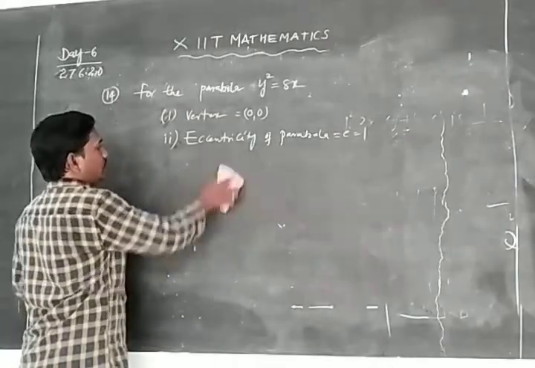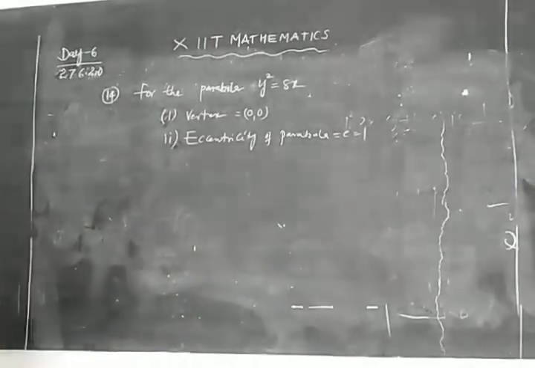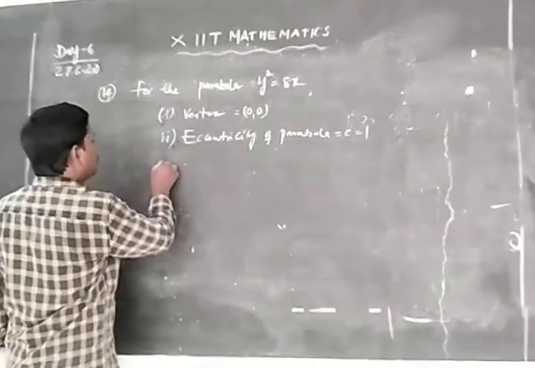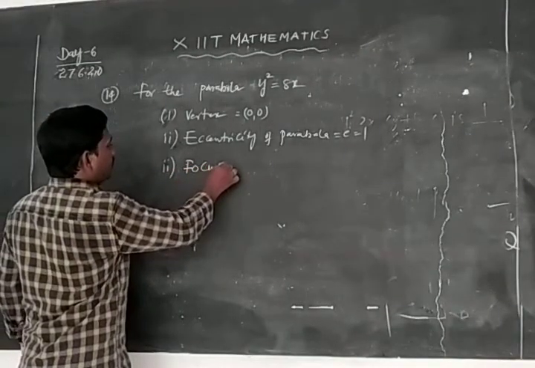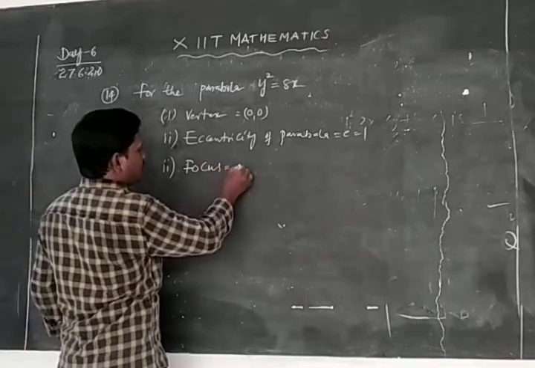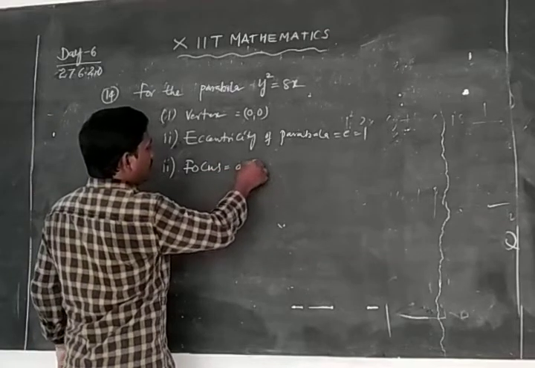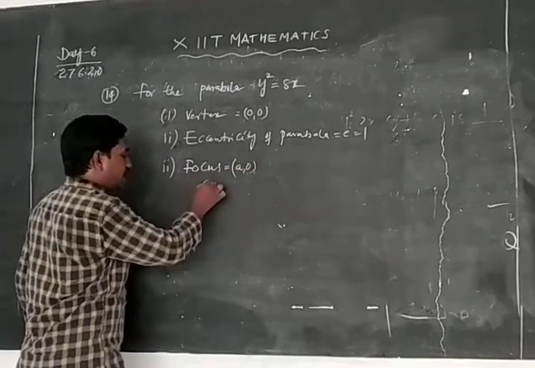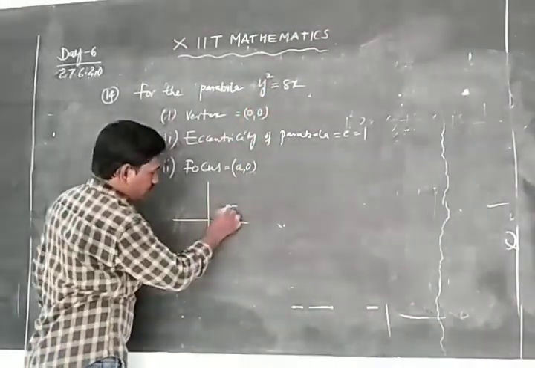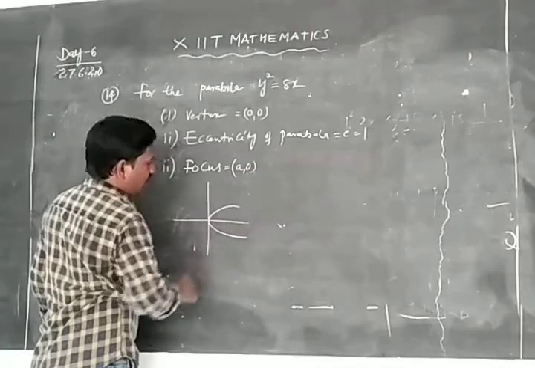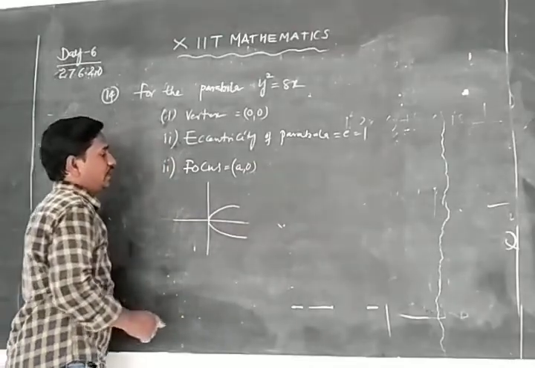So next, third one, focus A comma 0. Okay, take the diagram. Y square is equal to 4x. This is the shape of y square is equal to 4x.